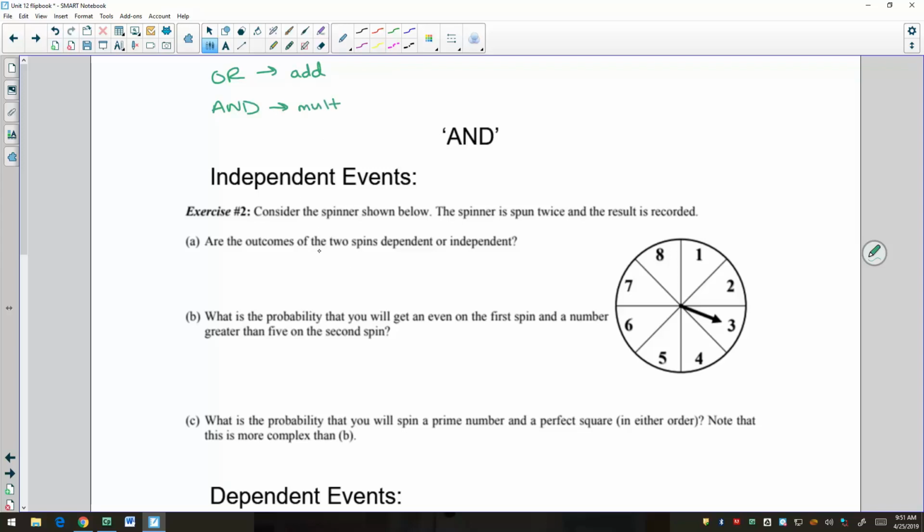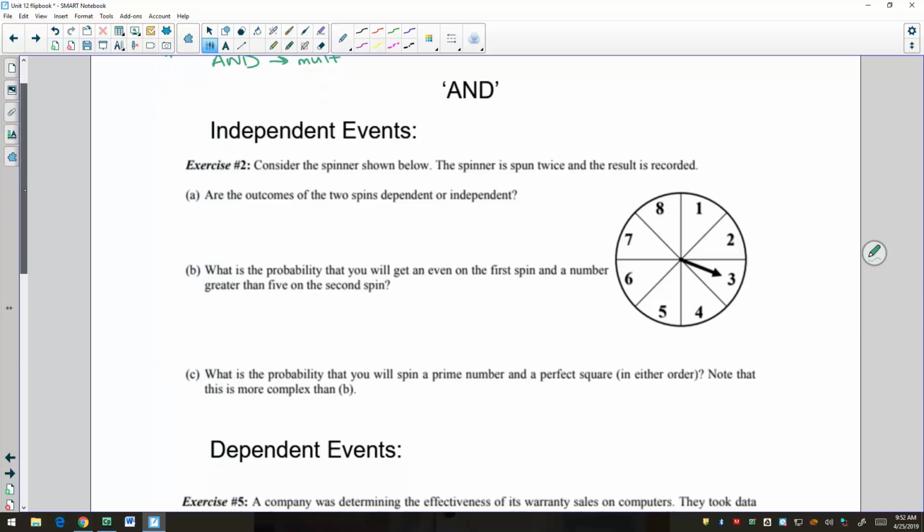You need to associate those 2 operations with those 2 words, because in probability, if they want you to find the probability of event A happening or event B, you're going to add those 2 probabilities together. But if they said A and B, you're going to multiply. So it's very important that you know which operation is associated with each word.